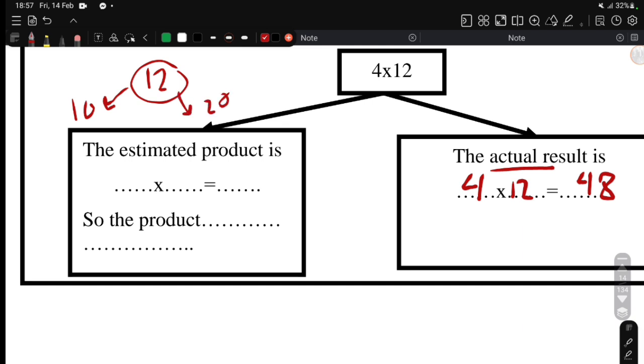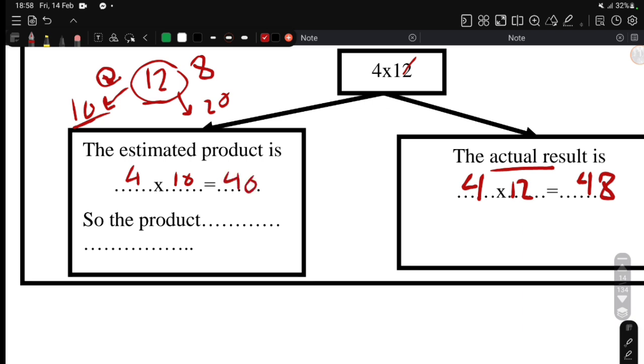Okay, if I go from 12 to 10, I will go 2 steps. And if I go from 12 to 20, I will go 8 steps. So I see that 12 is closer to 10. So I will replace 12 with 10. Okay, and 4 will be the same. 4 times 10 will be 40.